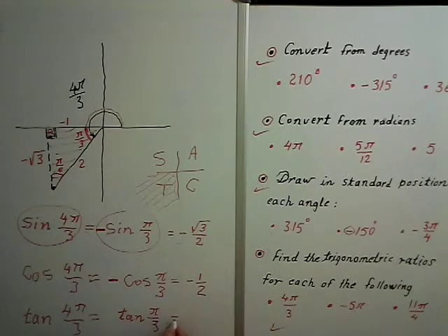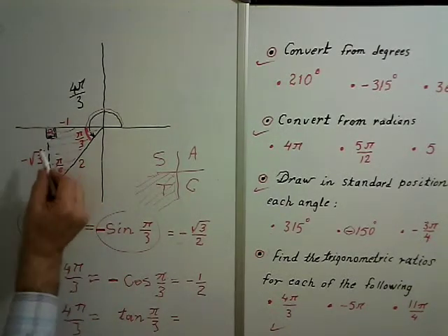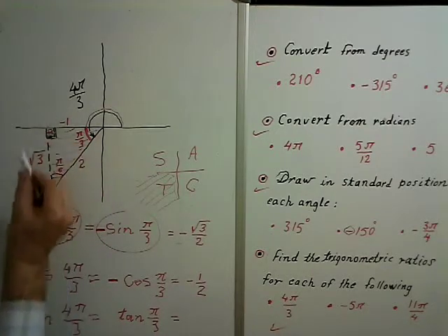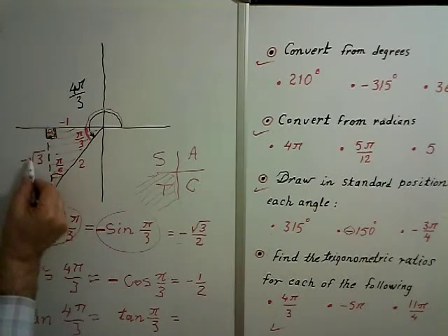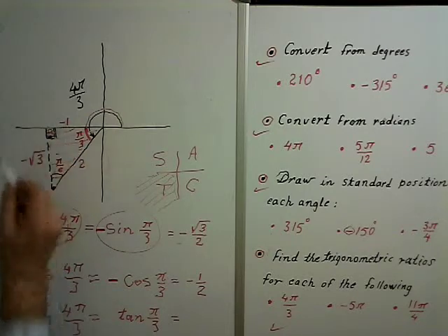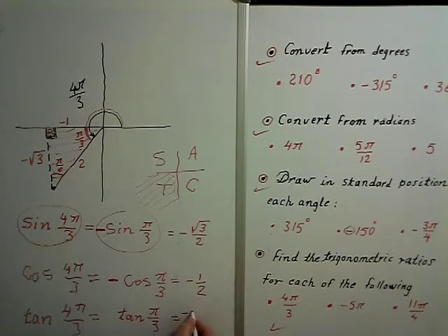So tan pi over 3, tan is opposite over adjacent. Negative square root of 3 over negative 1. That means square root of 3, because negative with negative changes into positive, and this over 1 will be this value.